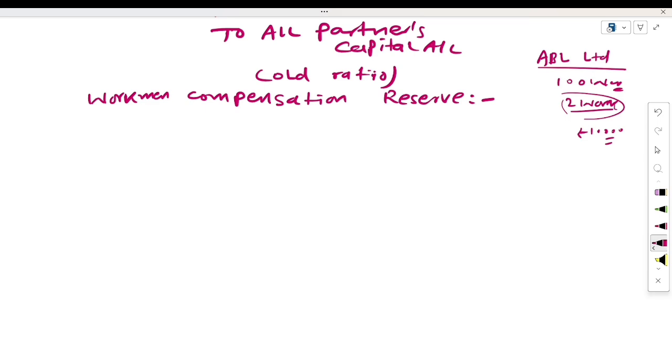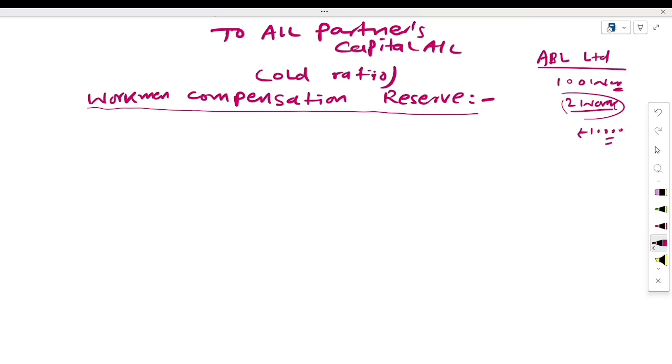Then what will you do? To resolve this, the business creates a reserve in the name of workers, which is the workmen compensation reserve. If any worker claims, the business will pay him from this reserve.